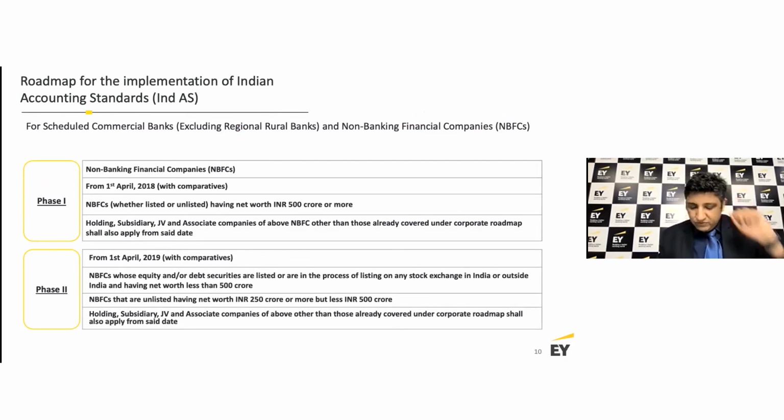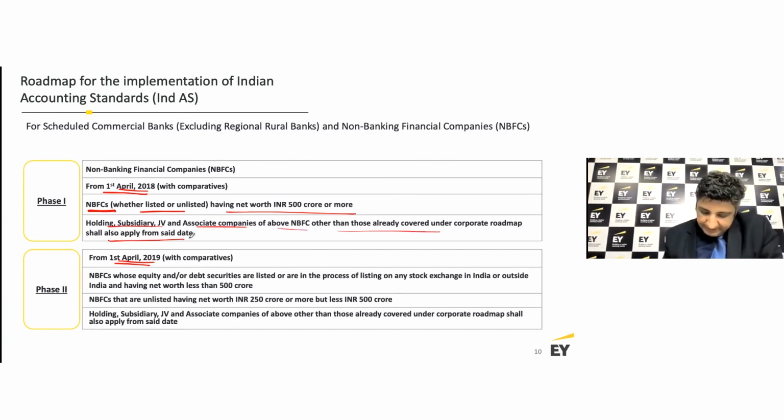Again, a similar phasing was identified starting 1st April 2018 and then 1st April 2019, wherein NBFCs, whether listed or unlisted, having a net worth of 500 crore rupees or more, that was the first benchmark, and the group entities. Then from 1st April 2019, all those NBFCs having a net worth of 250 crore rupees or more, and the group entities of those. Again, a similar kind of transition, no change with respect to those non-banking or insurance companies.